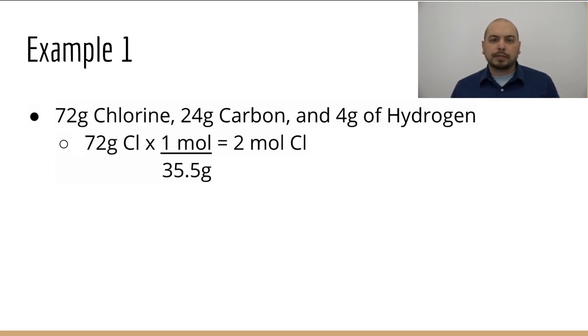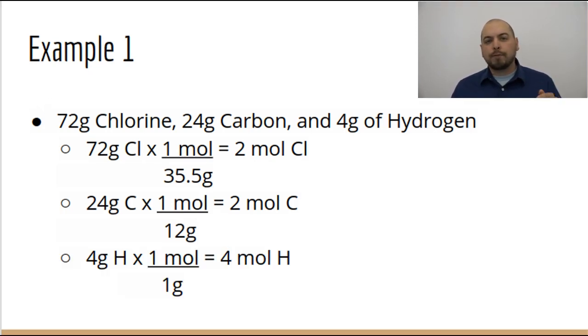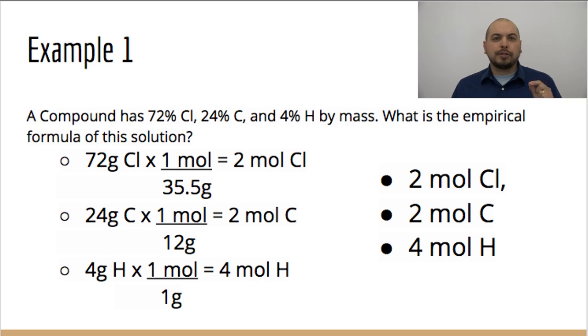The way we solve this, we take our 72 grams of chlorine and divide by the molar mass of chlorine. We take our 24 grams of carbon and divide by the molar mass of carbon. We take our 4 grams of hydrogen and divide by the molar mass of hydrogen. This results in 2 moles of chlorine, 2 moles of carbon, and 4 moles of hydrogen.